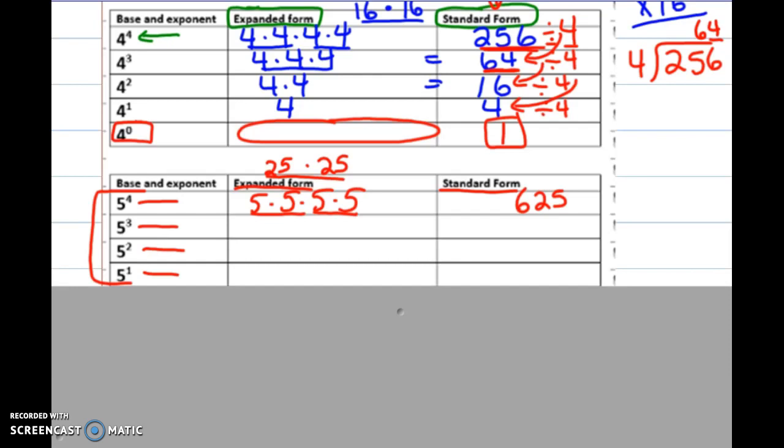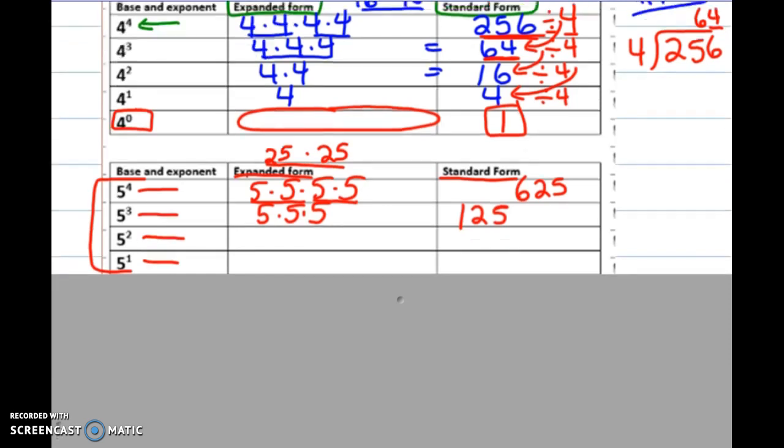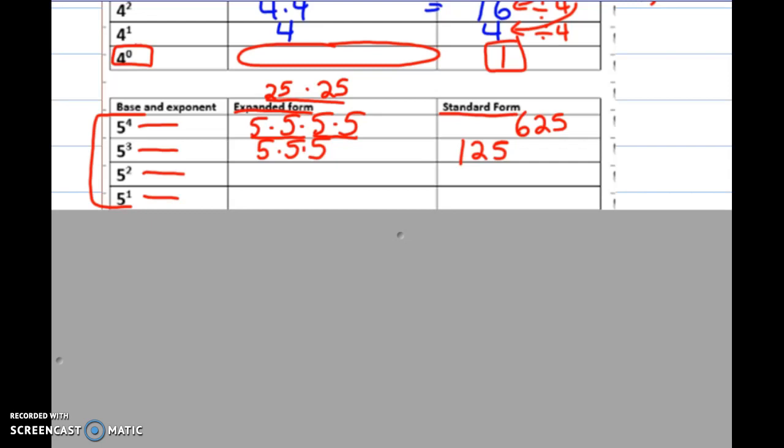For 5 to the 3rd power, you should have written 5 times itself 3 times, and when you evaluated that, you should have 125. Again, if you didn't get that, go back and redo your multiplication. 5 to the 2nd means 5 times 5, which is 25. And 5 to the 1st means 5, and the value is 5.